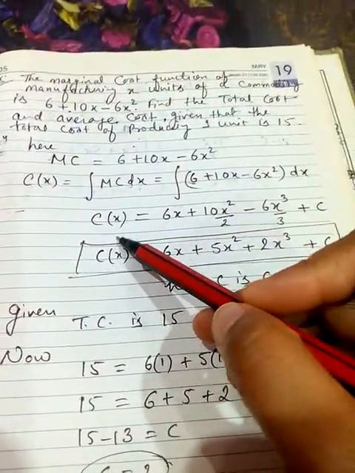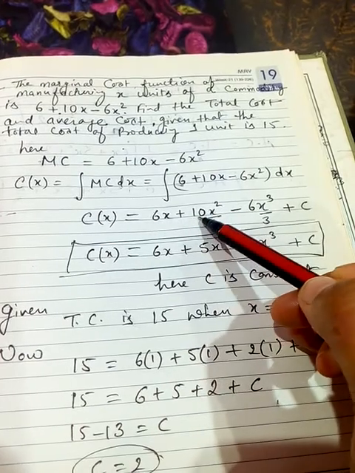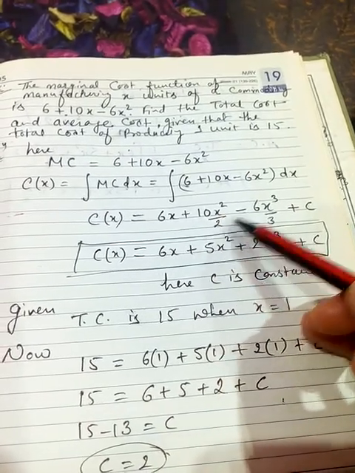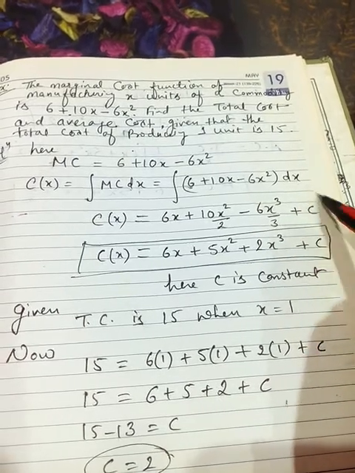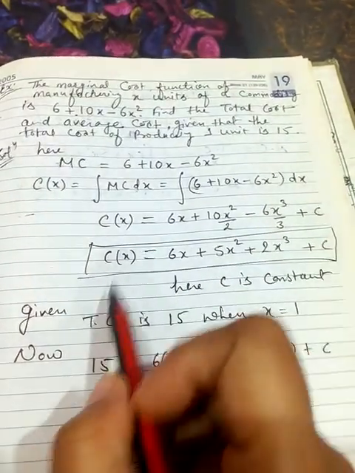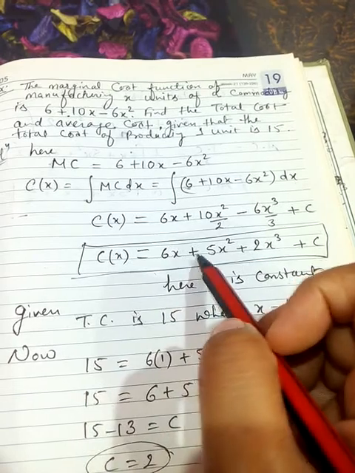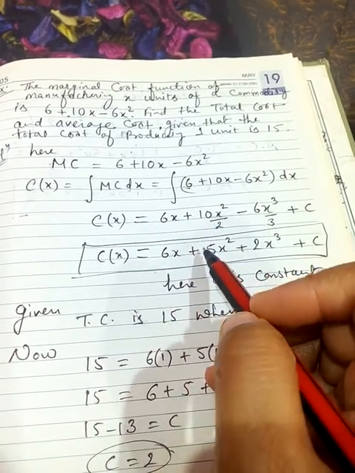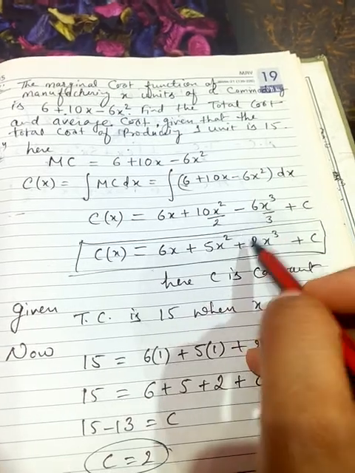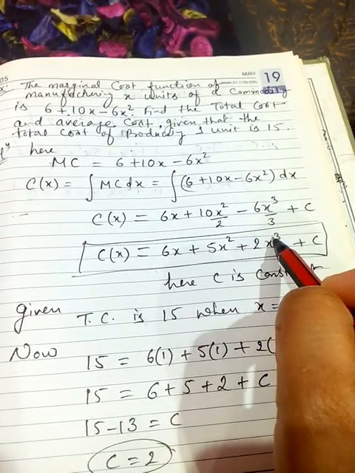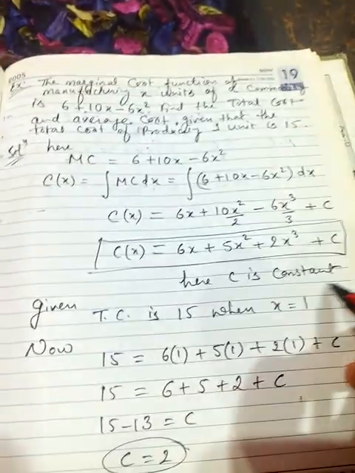So the cost function will be 6x plus 10x square by 2 minus 6x cube by 3 plus c, where c is a constant term. So now C(x) is equal to 6x plus, 2 is cancelled out by 10, so it is 5x square, minus, 3 is cancelled out by 6, so 2x cube, plus c. Here c is a constant term.